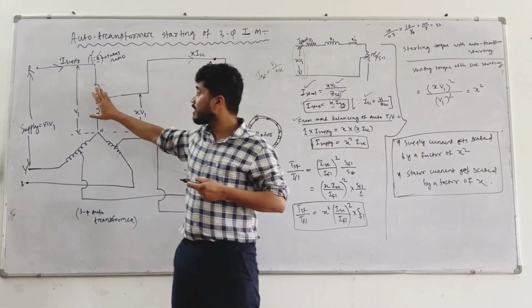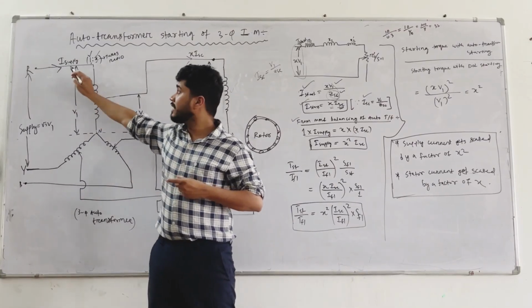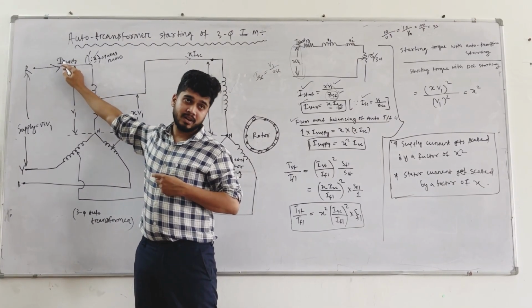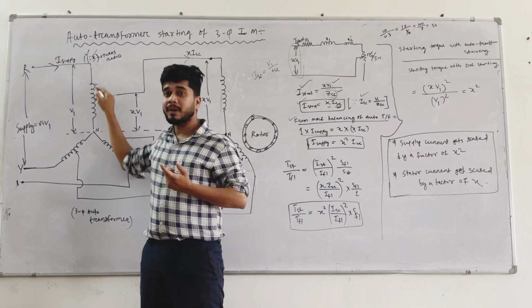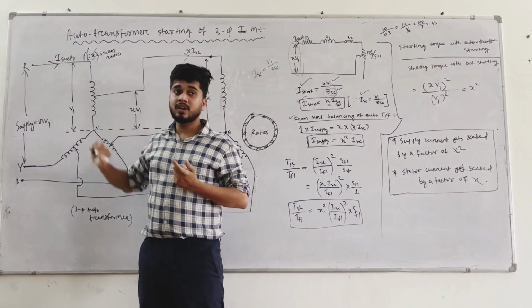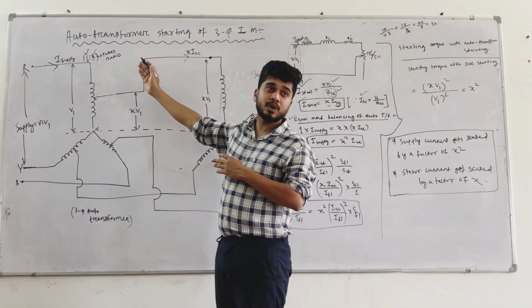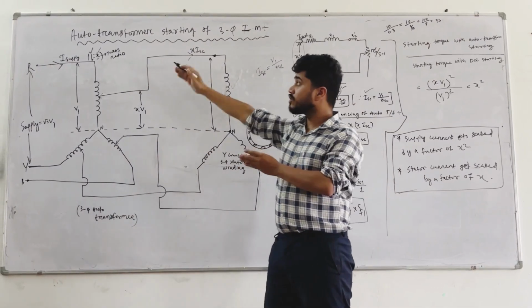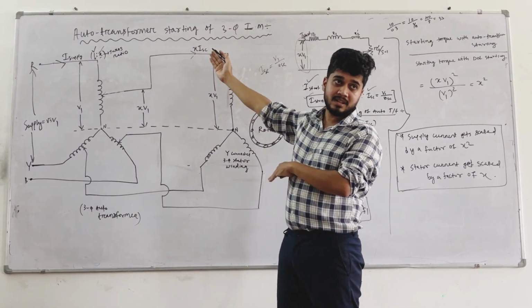So what is the current flowing in the primary winding? It is written over here, supply current. And how many turns are there in the primary? One turn. If I assume one turn is there in the primary, then X turns should be there in the secondary.